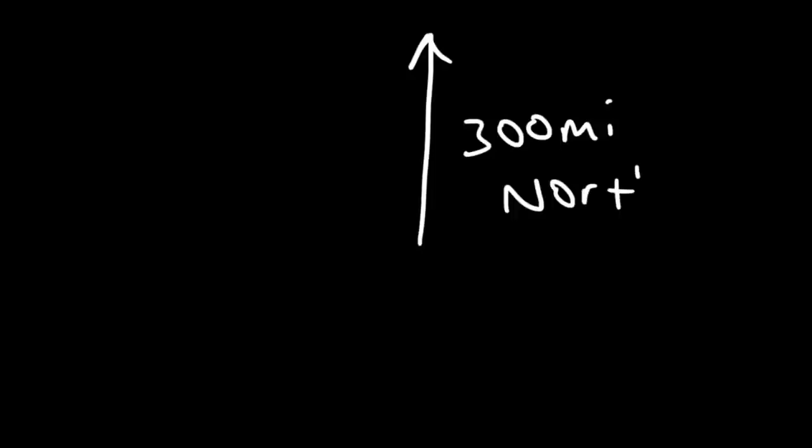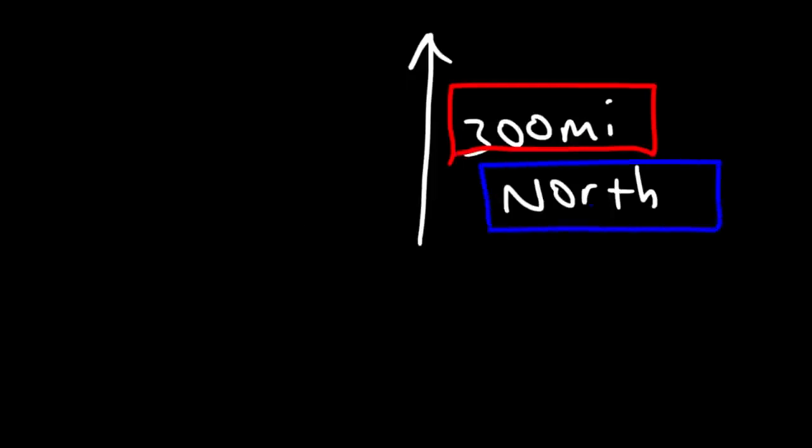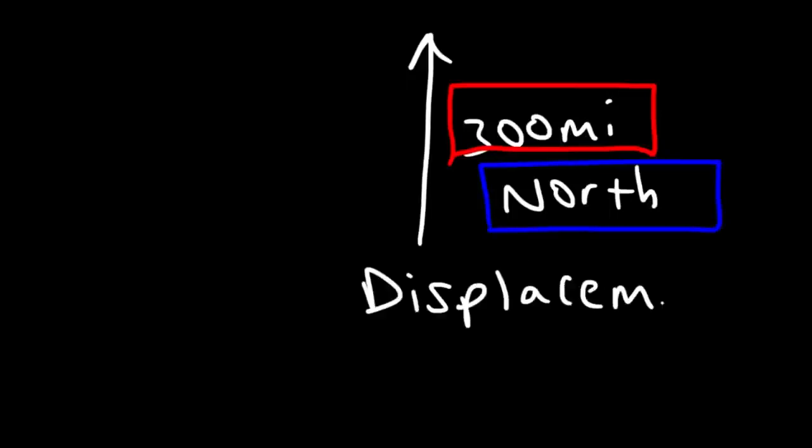Now let's say if the car traveled 300 miles north. In this case, I have the magnitude, which is 300 miles, and I also have the direction, which is in the northward direction. So in this case, I'm describing displacement. Displacement is a vector quantity.